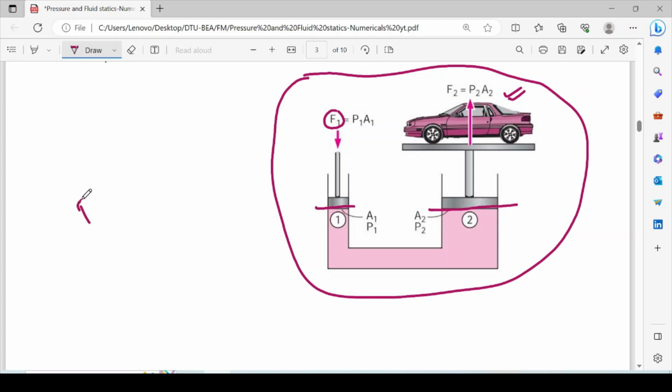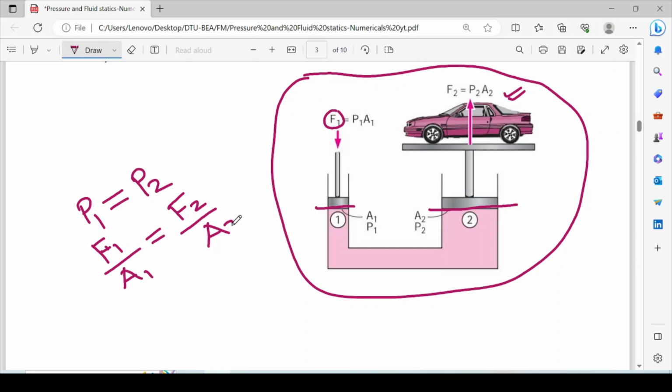That means pressure at point 1 is equal to pressure at point 2, and we can write pressure, that means force per unit area, that means F1 upon area A1 is equal to pressure, force F2 upon area A2.